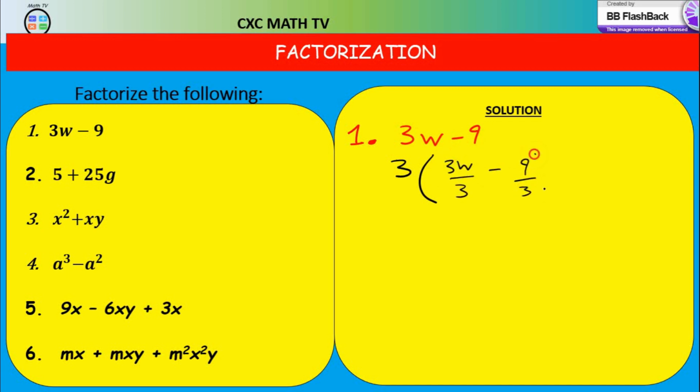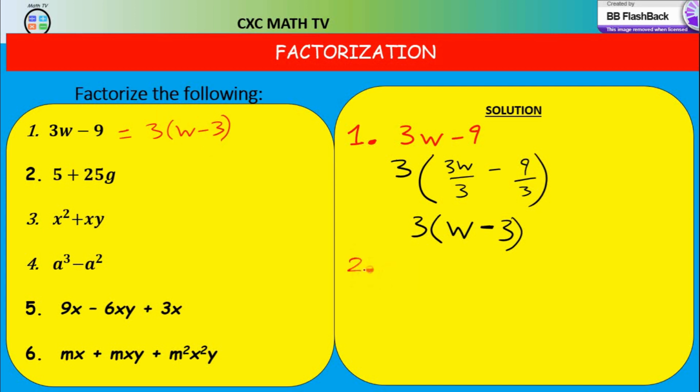We get 3 in bracket w minus 3, since 9 divided by 3 is 3 and 3w divided by 3 leaves just w. So the first answer is 3 in bracket w minus 3.